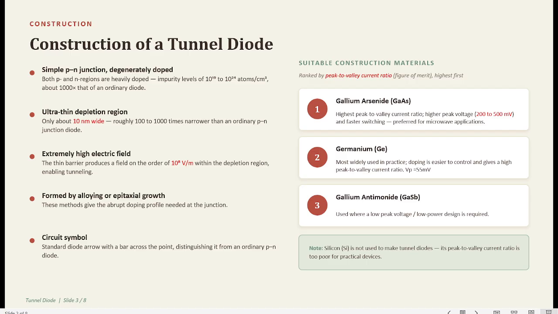These two factors go in favor of germanium for its use to construct a tunnel diode, and the peak voltage for this germanium tunnel diode is slightly lower than the value for gallium arsenide. The third material is gallium antimonide, GaSb, which is used when low peak voltage, low power design is the requirement.